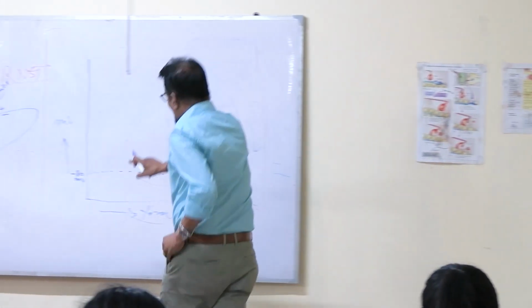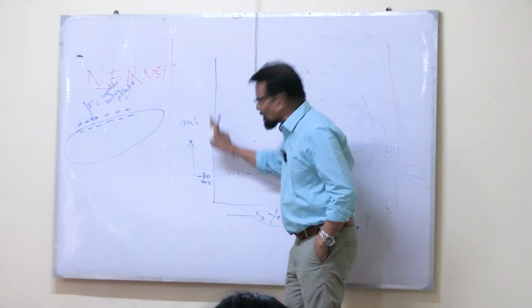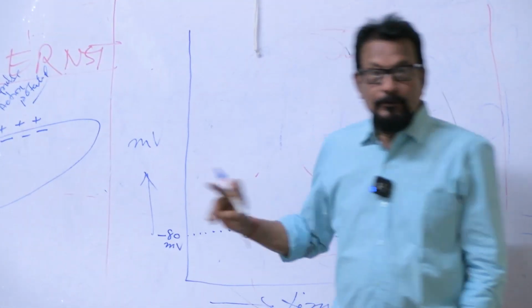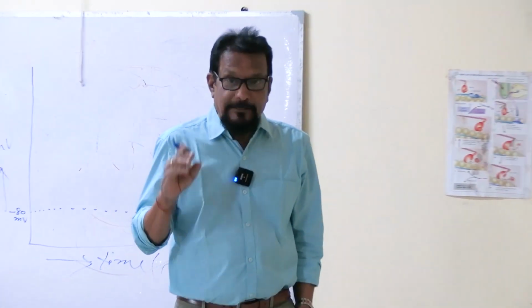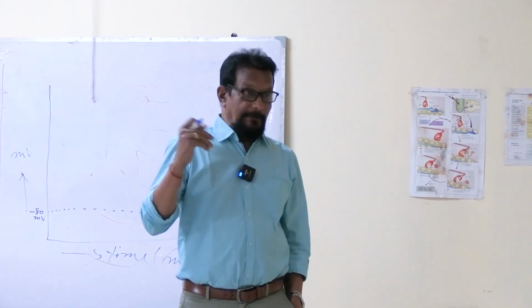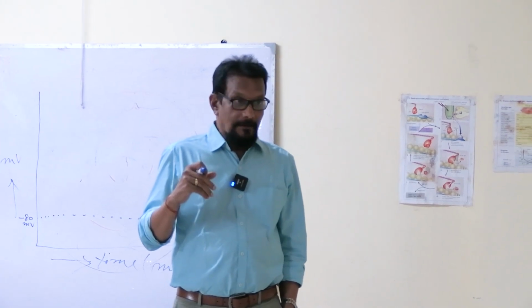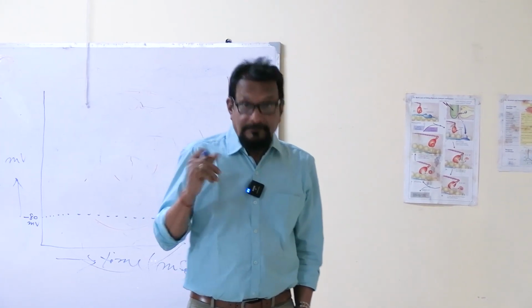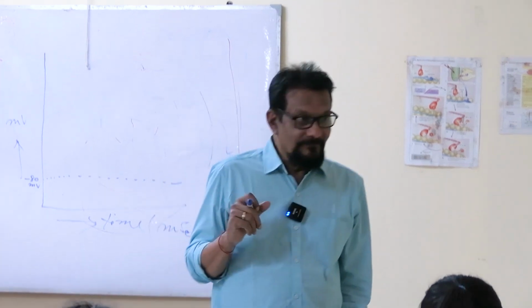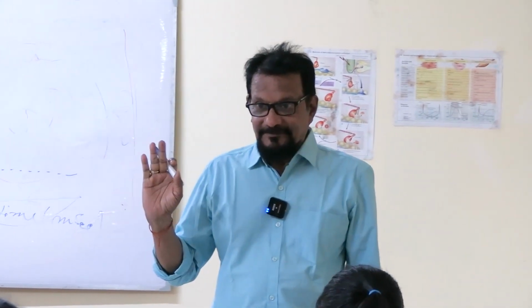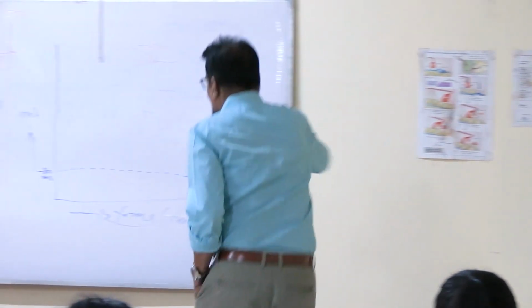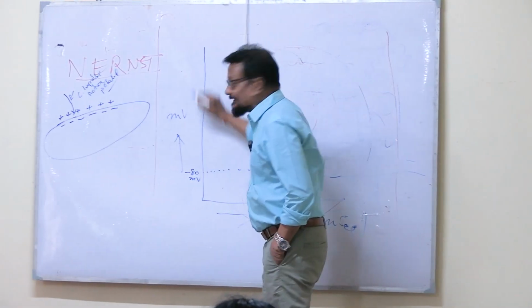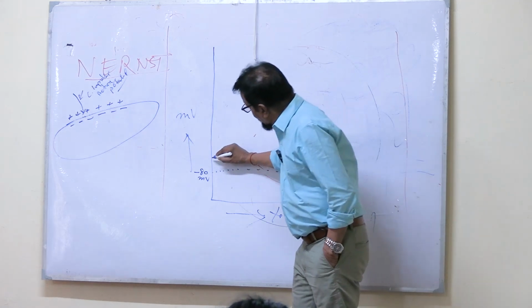So there will be potential difference towards this or towards this. Whether it will be minus 85 or 90 or it will be minus 75 or 70. Which direction? Yes, less negative means in this direction, there will be potential change in this direction.